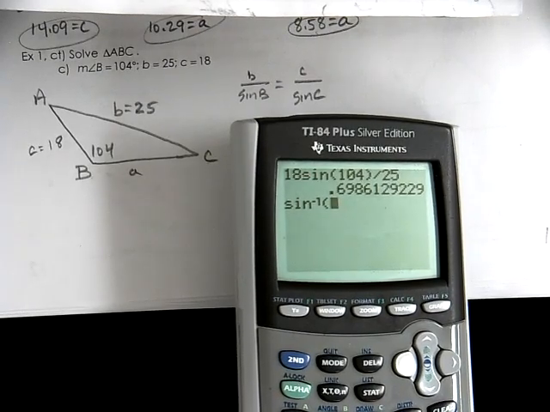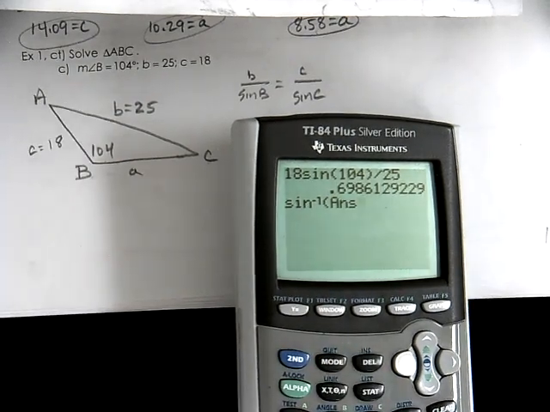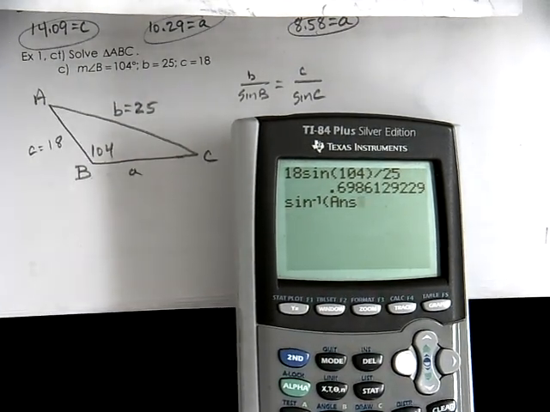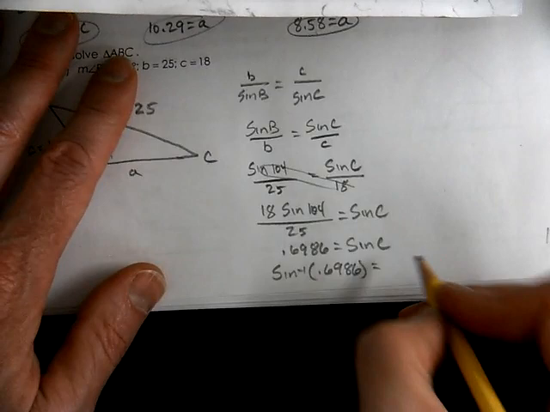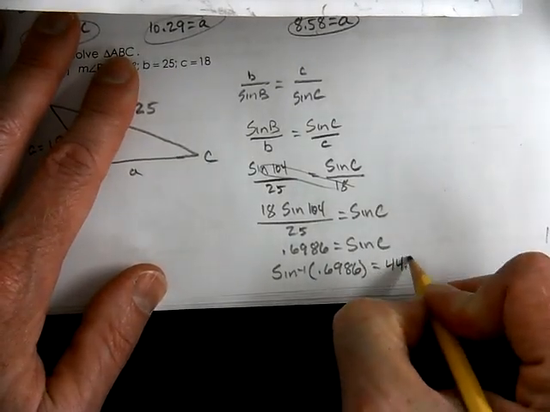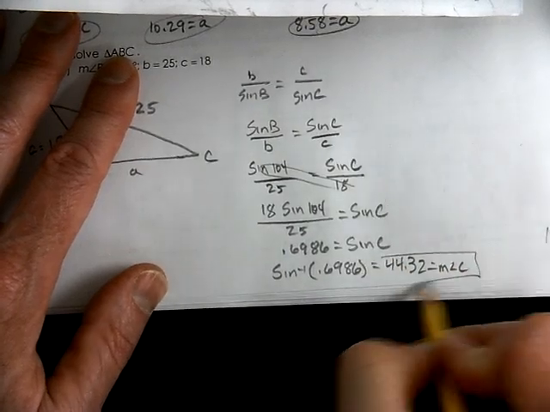Now, better than putting down 0.6986 is to use answer. Type in the whole value. And we get 44.32. That's the measure of angle C.